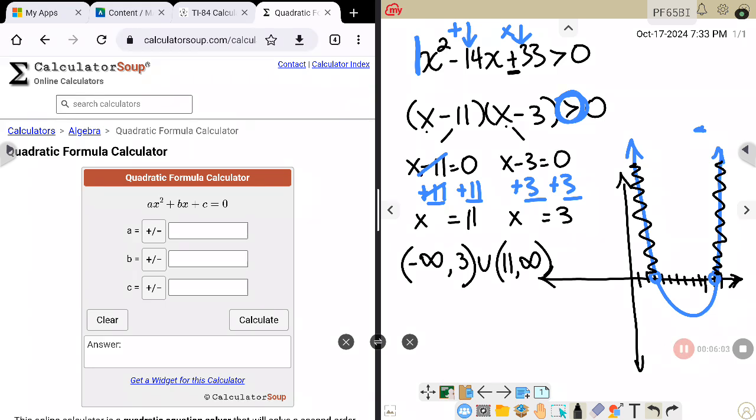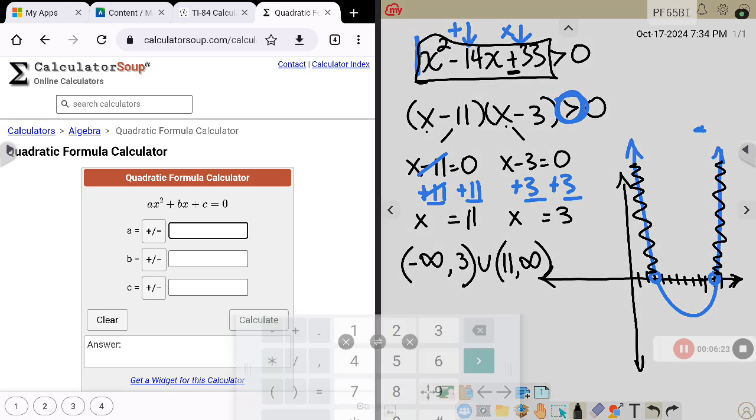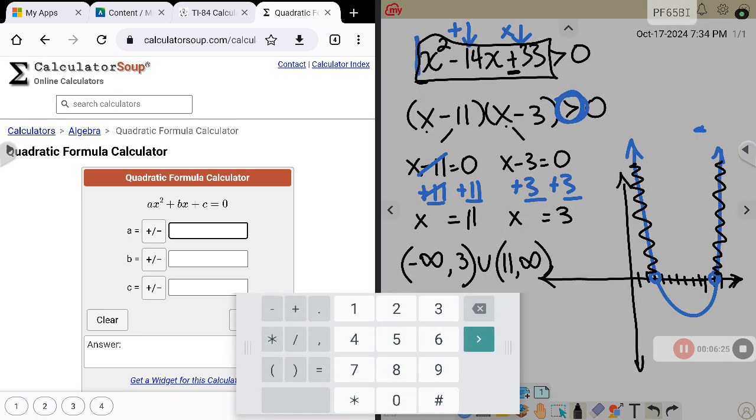Now, the reason I have our quad calculator over here is because you'll notice from the very beginning of this problem, I could use that to go ahead and find my zeros because it's quadratic, because it's x squared. A is in front of x squared, so it's a 1.